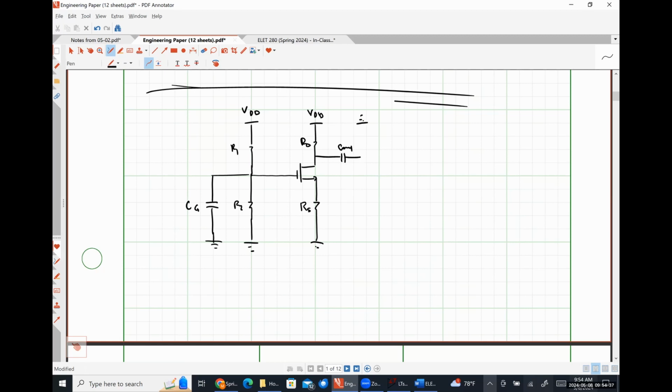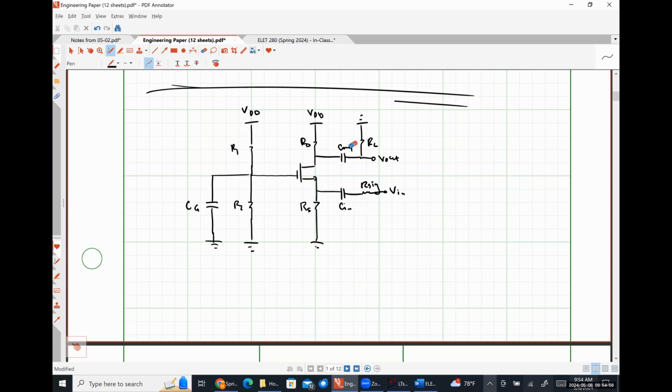RL. Here's V out. CN. RSig. VM, right? So this is what it would look like for low frequency.